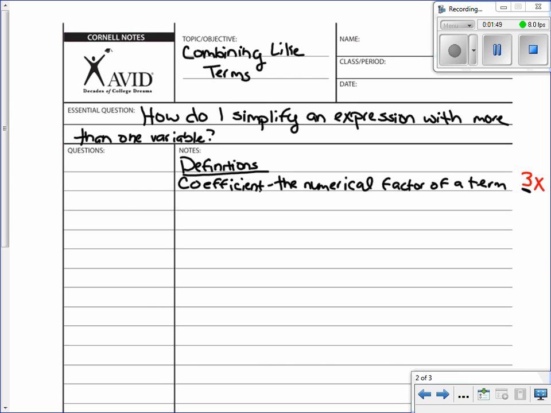Another definition I have for you is like terms. Two words, like terms.